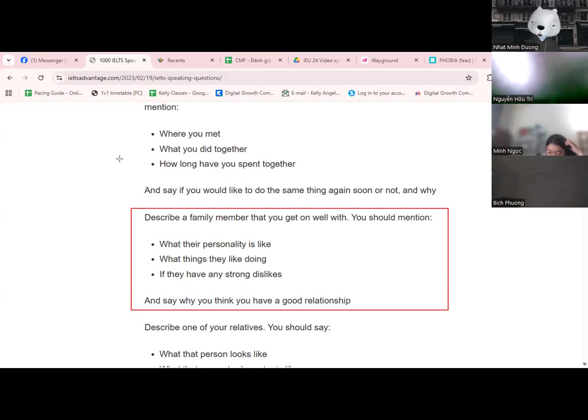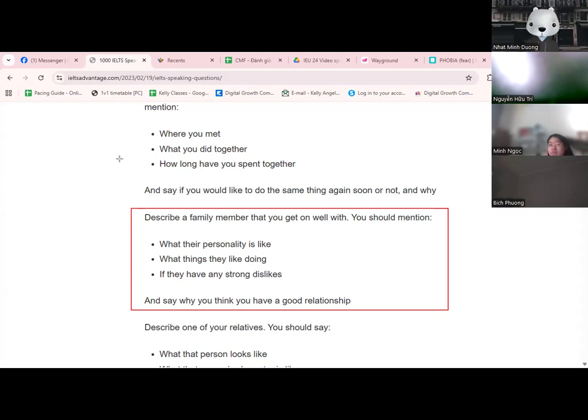She also doesn't like crowded places and just loves to be at home. I think that we have a good relationship because we understand each other, and we have different interests. Like I like technology, but she is into art. We respect each other's space, and yeah, that's it.